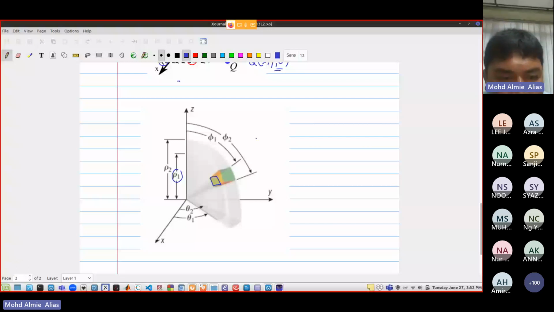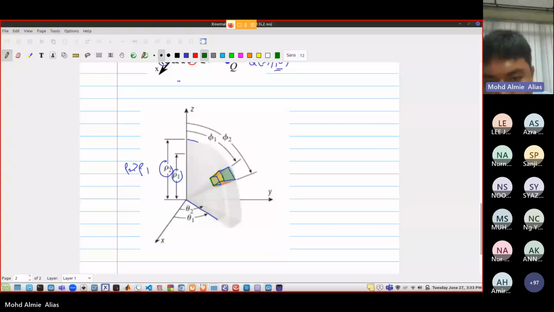And then you have the second one, which is rho 2, where rho 2 is greater than rho 1, as you can see here. So this is described by rho 2, which is the sphere with radius rho 2. And then you have theta 1. Theta 1 is actually the angle here, and you go up here, and it's actually the part here.